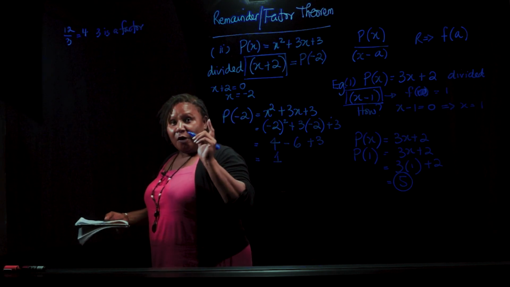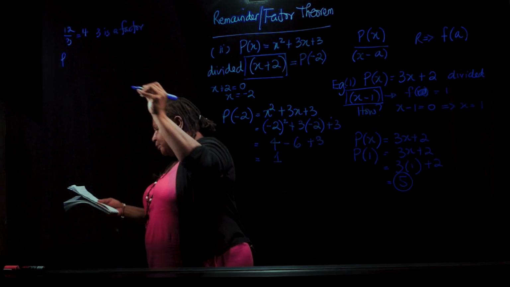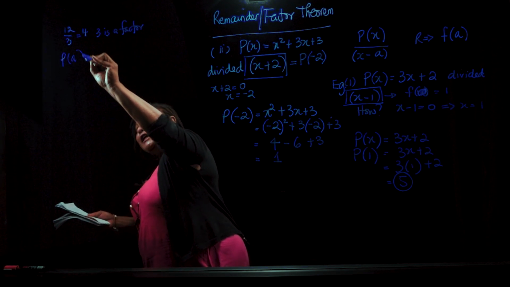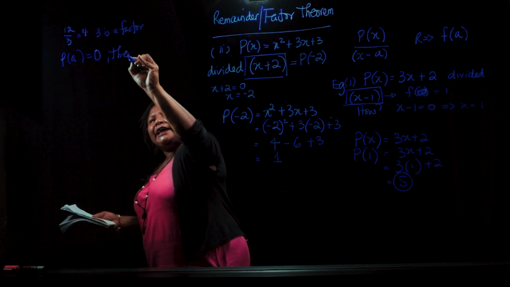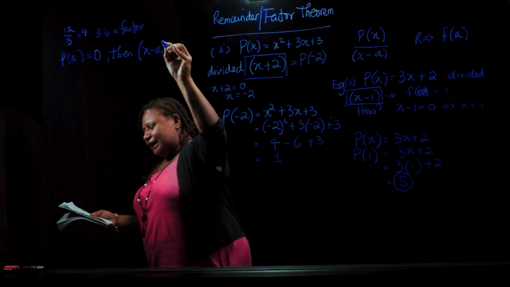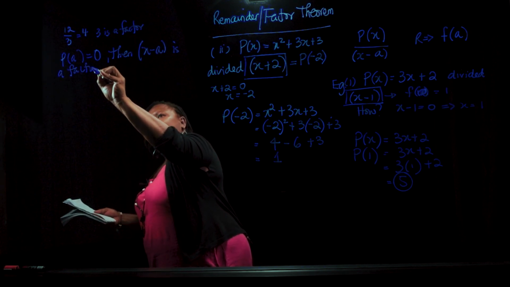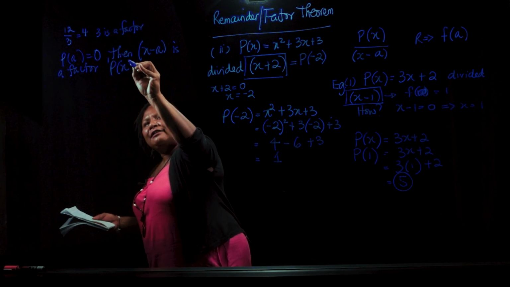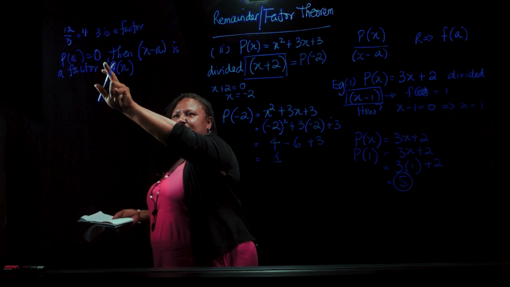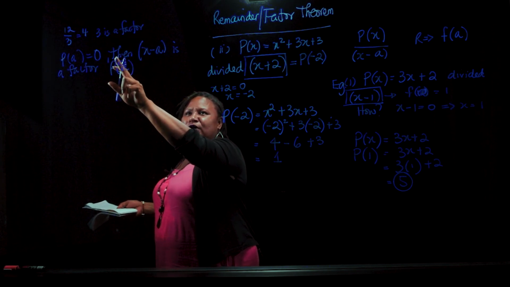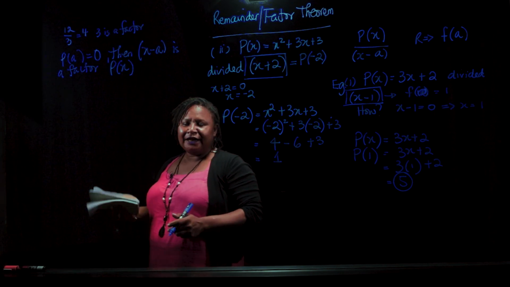The factor theorem states that if the function of a is equal to 0, then x minus a is a factor of the function. Simply put, if your function of a is equal to 0, or 0 remainders, then the linear polynomial is a factor of the function.